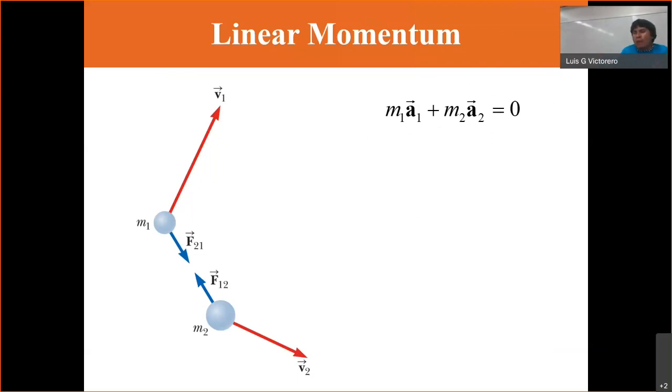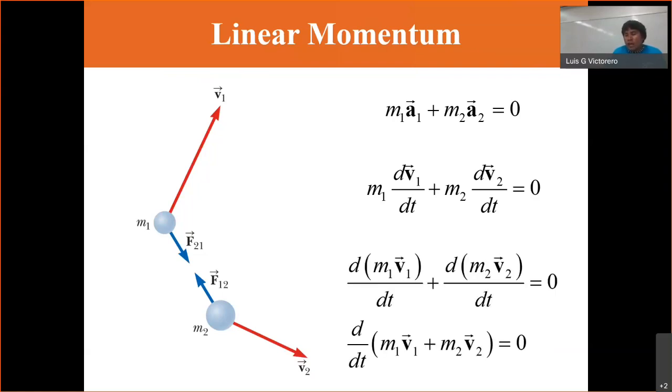If you apply Newton's second law for each force, you have that m1a1 plus m2a2 is equal to 0. And if you apply the definition of acceleration, you have m1 times the first derivative of v1 with respect to time, plus m2 times the first derivative of v2 with respect to time, equal to 0.